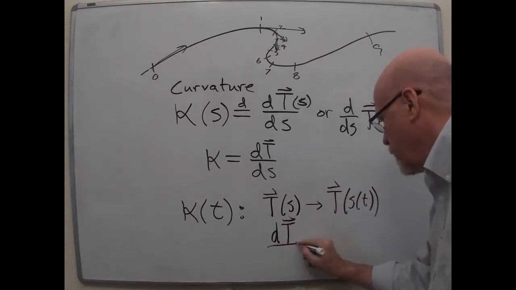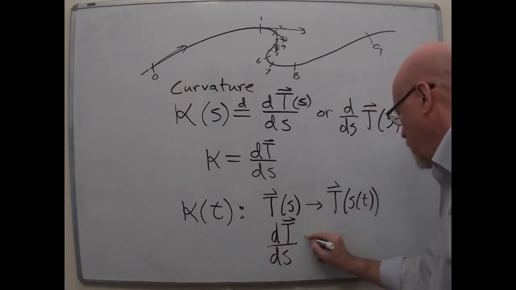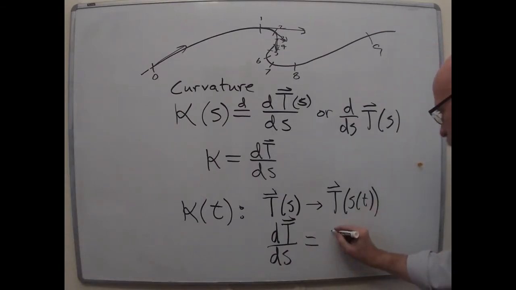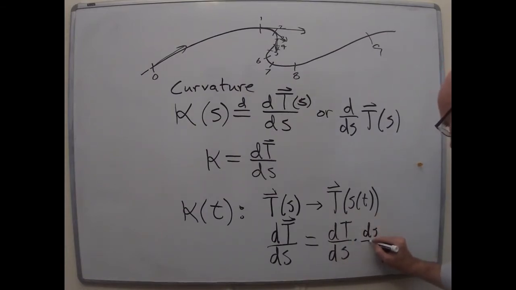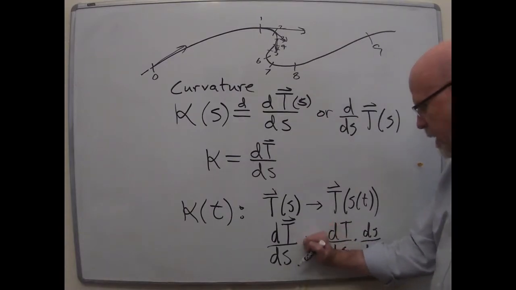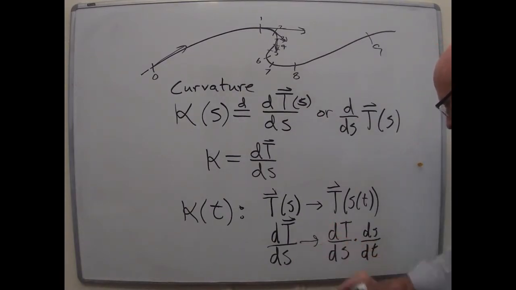And this one is dT/ds times ds/dt. You just know that you're going to have a ds that cancels with this, so that you end up with dT/dt. Shouldn't have said it equals it, but rather it turns into it in this version of things. Cool.